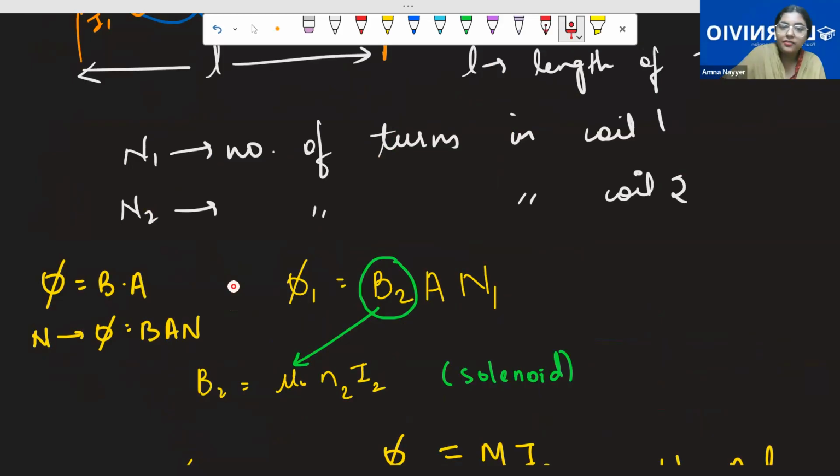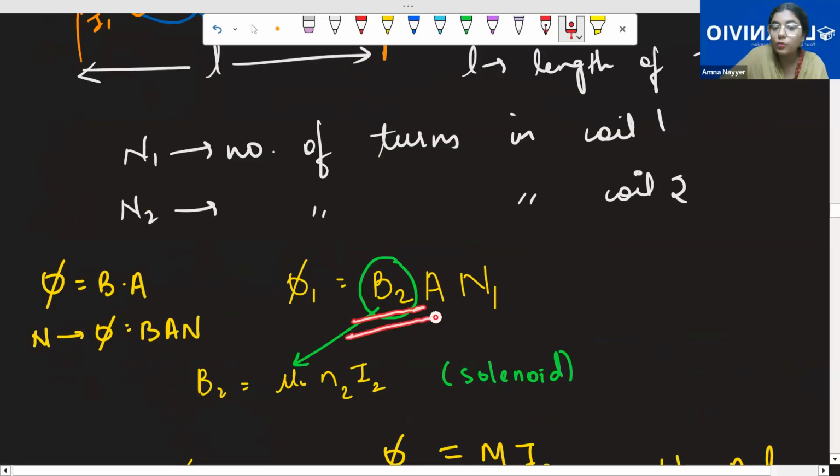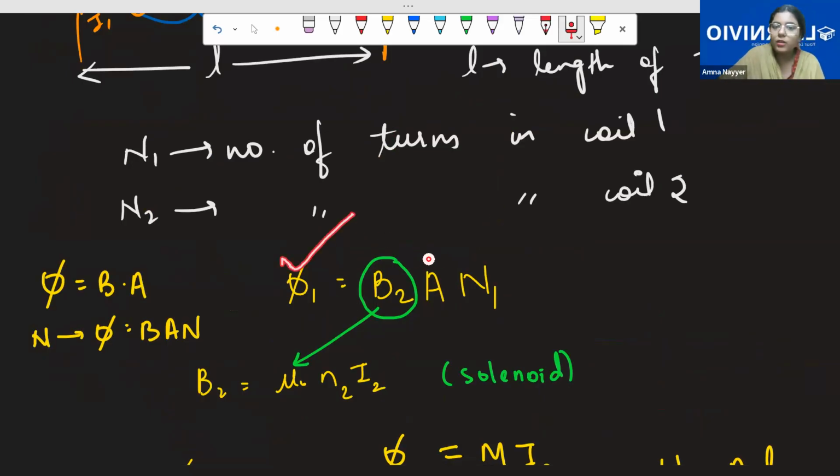So that's why the magnetic field that we see here is equal to B2, not B1. And one is there from the first coil. Flux 1 is there from the first coil. Both of them have the same area, so area A is given. But the value of B2 is going to come because the magnetic field of the second coil is influencing it.